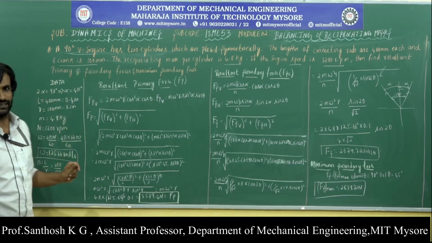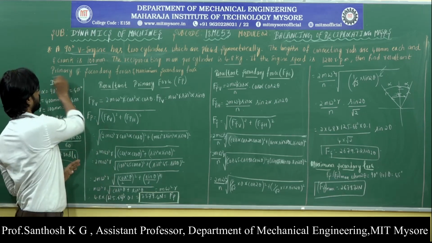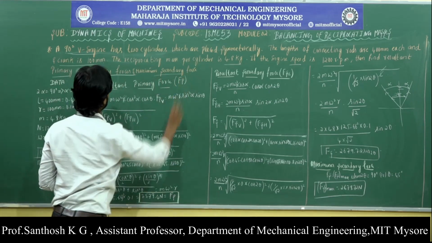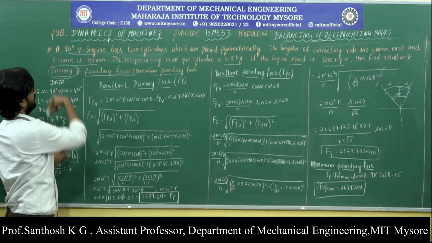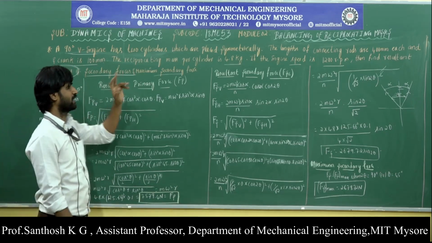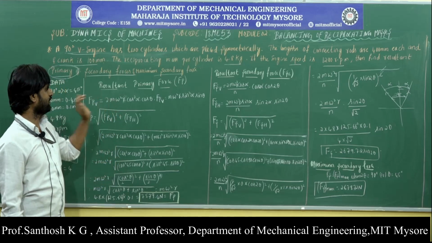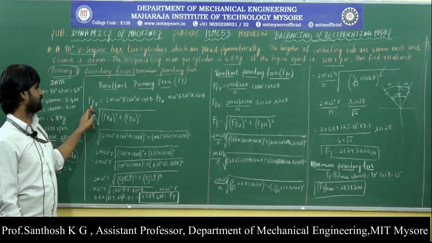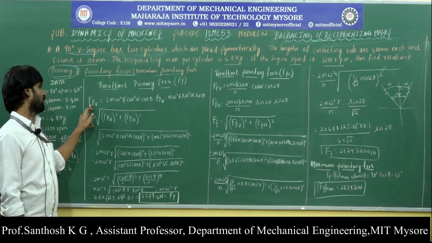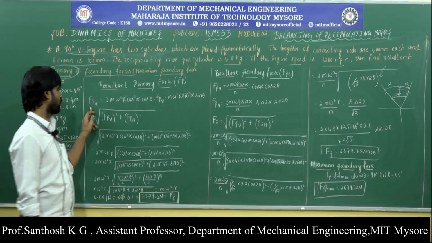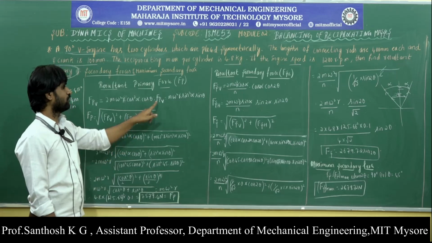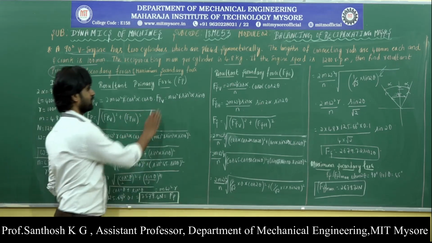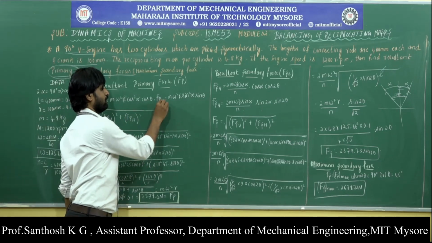Once I get the data, next I am going to find the parameters which are required. First I need the resultant primary force. To find it, first we need to write the vertical component and the horizontal component of the primary force.